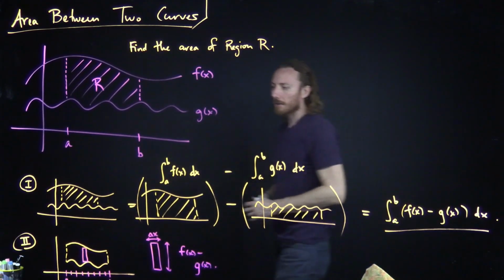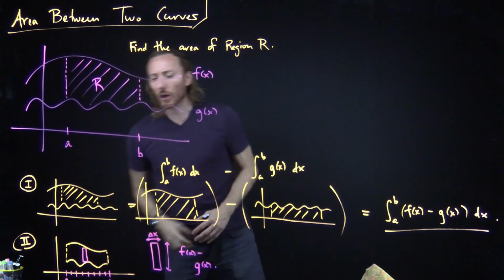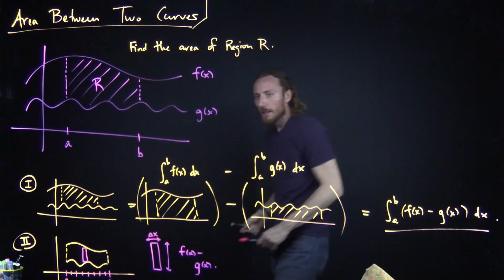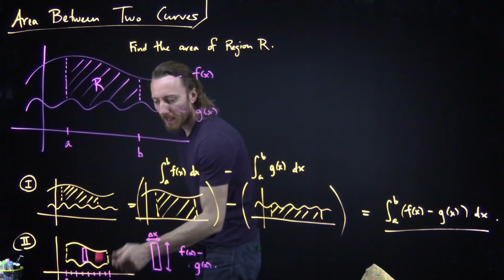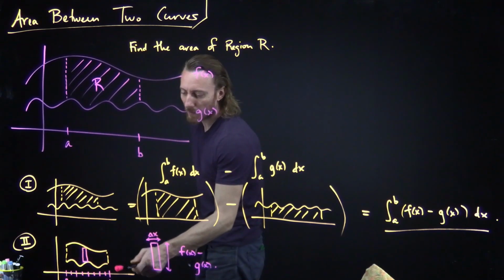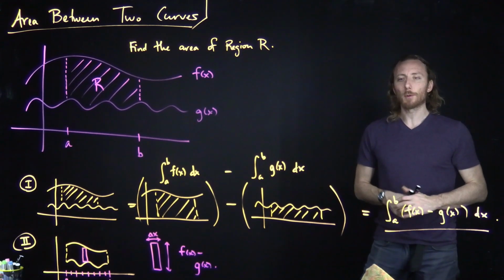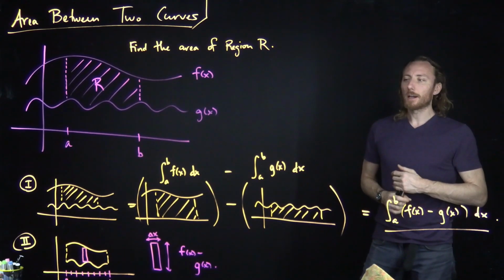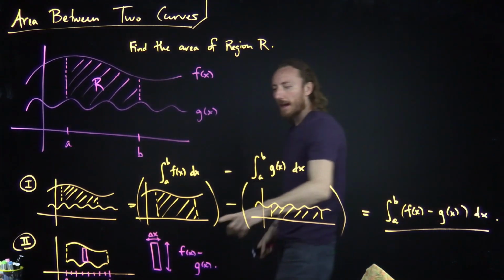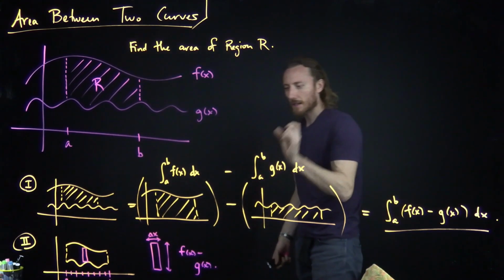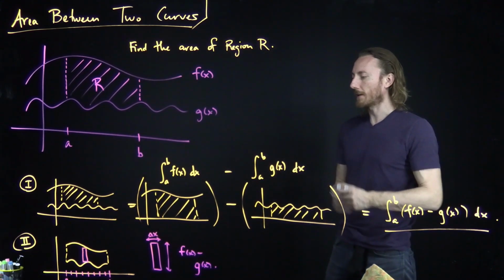Another way to look at this area region R, I think, is to go back to a Riemann sum. So imagine the interval between a and b being chopped up into a bunch of tiny pieces and looking then at a rectangular approximation of the area between our two functions. And of course, this rectangle is going to be of some small width. We'll call it delta x.